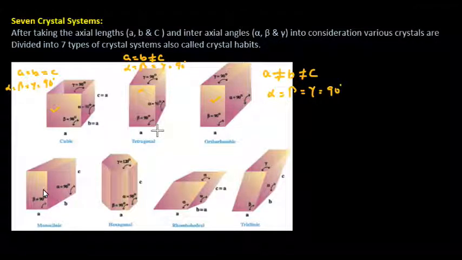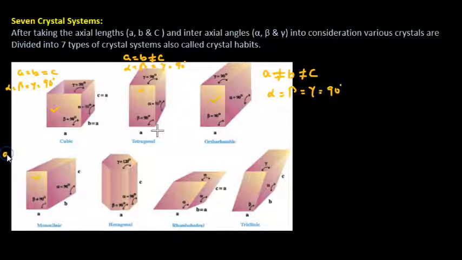The fourth type is monoclinic. Here all the sides are not equal and two angles are equal to 90 degrees.